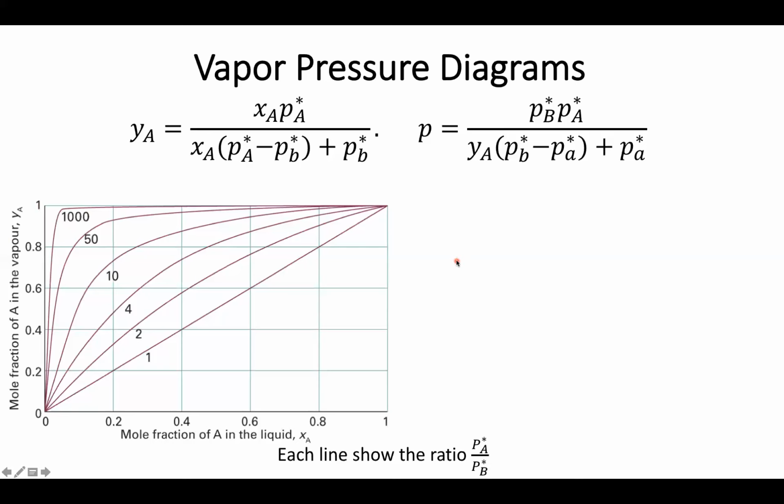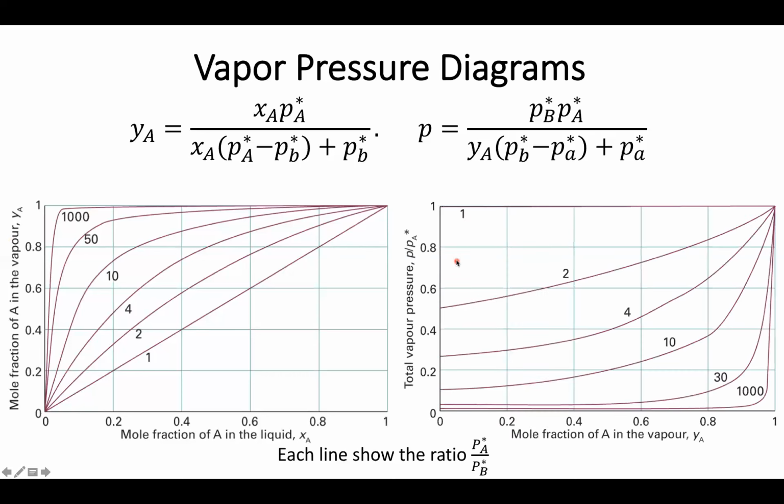However, this also has some interesting implications for the total pressure of the system. So as A becomes more volatile, what we find is that in comparison, as I decrease the mole fraction of A, what I'm going to find is that the total vapor pressure is going to quickly drop.